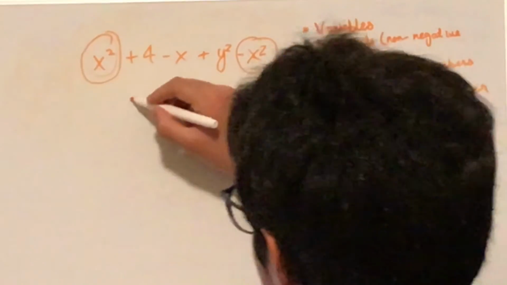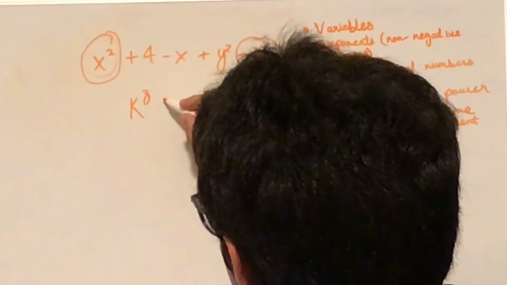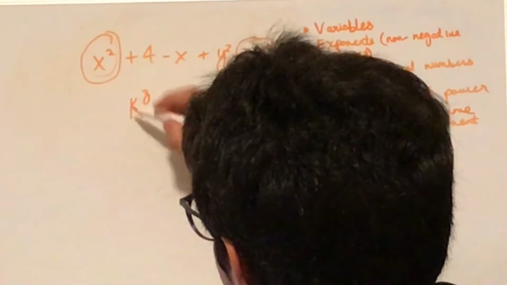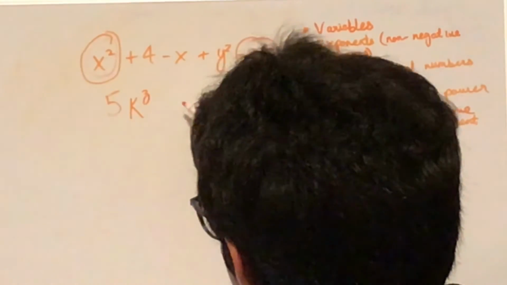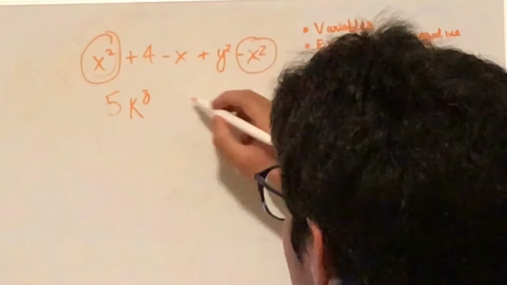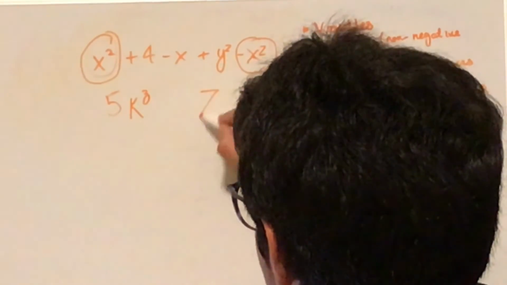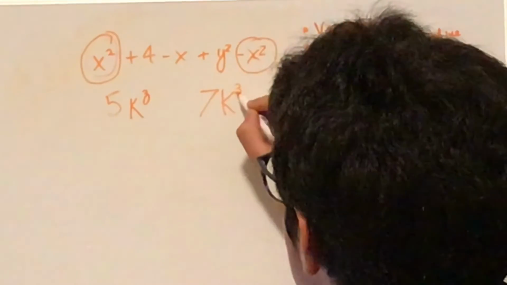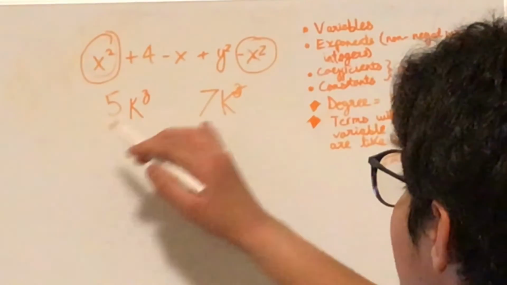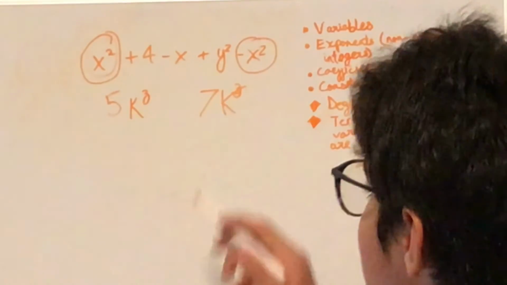So basically 5k to the power z and 7k to the power z are both like terms because they have the same variable and they have the same exponent.